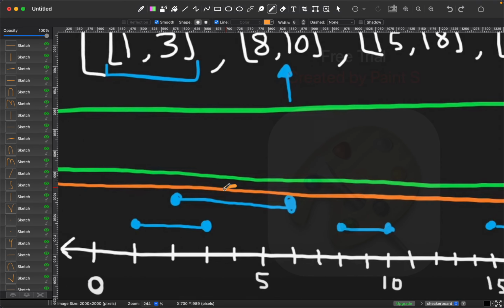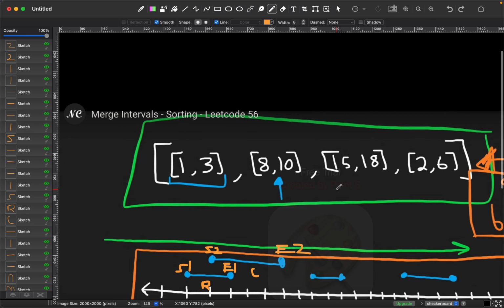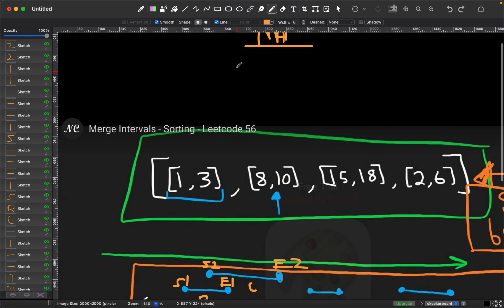Say this guy is some form of challenger, and this guy is based off the rule book. We have the starting and the end, and we have the starting and the end. This is S1, E1, S2, E2. So if my S2 is more than your E1, there's some form of interaction actually going on.